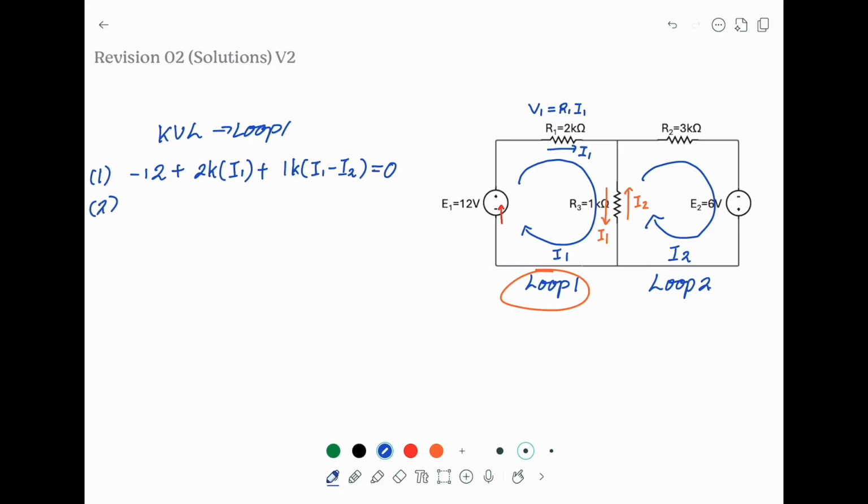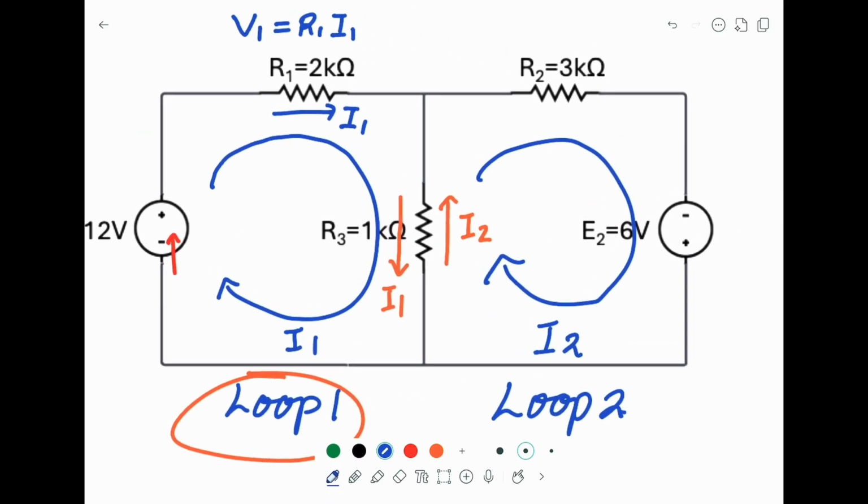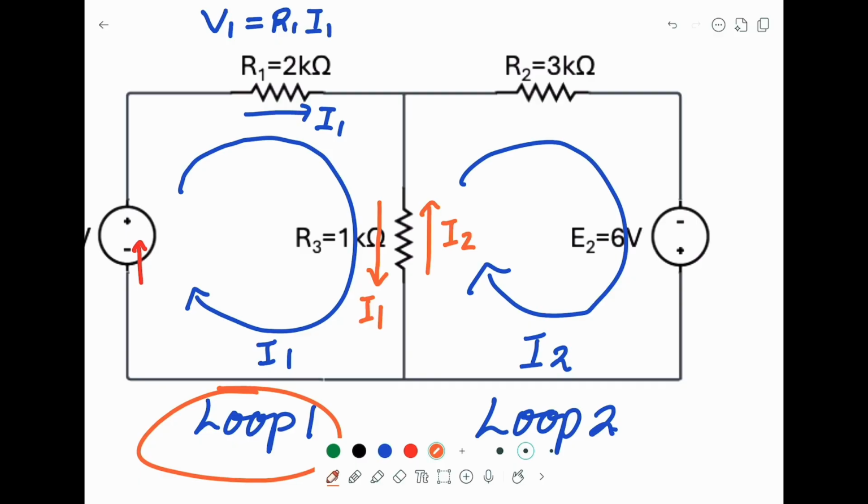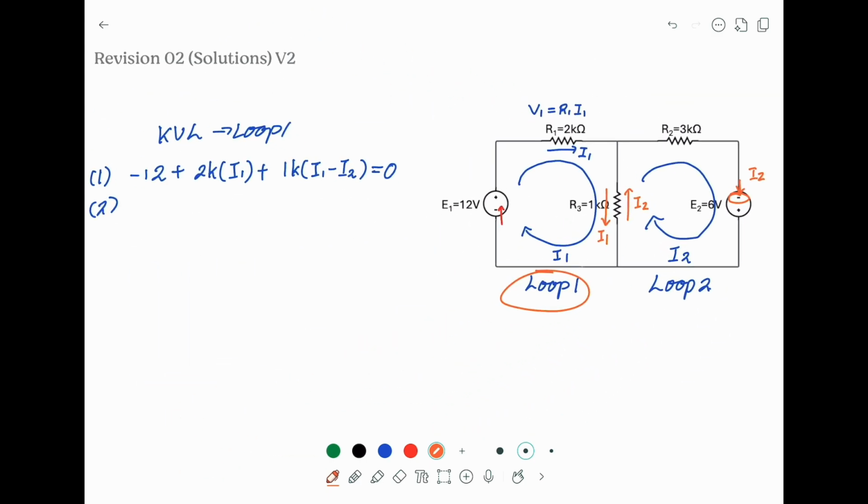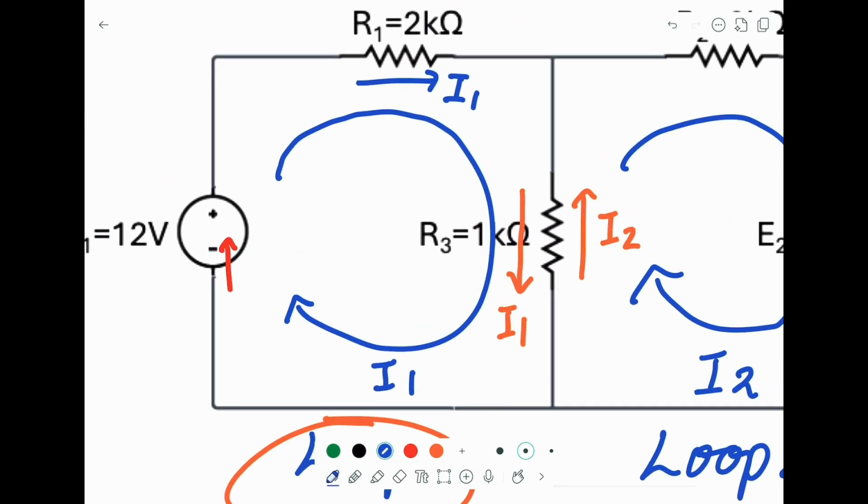Equation 2, we look at the right hand side here. Again, it will start from the voltage source. The imaginary current I2 enters the voltage source from the negative side, so this is equal to minus 6. Here, we are analyzing loop 2, so the direction of I2 must go up.